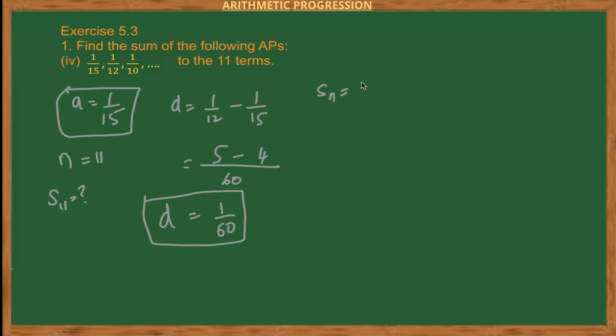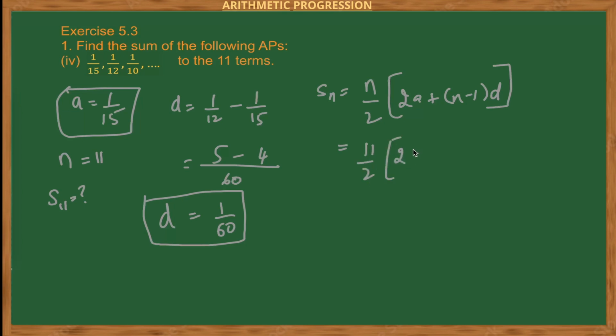Sn is equal to n by 2 into 2a plus n minus 1 into d. Okay, so n is what? n is 11 divided by 2 into 2 times a.